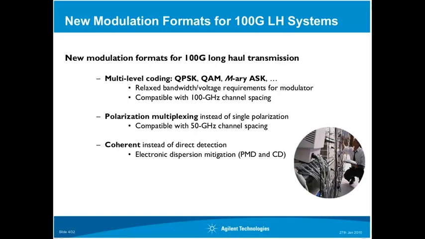But the polarization multiplexing will make it compatible to the 50 gigahertz channel spacing. And so I think this is reason enough actually to do it. And I know that a lot of people are already developing and have products almost available. The very interesting thing is that people are developing coherent detectors at the moment.